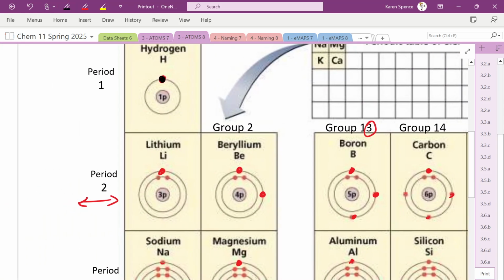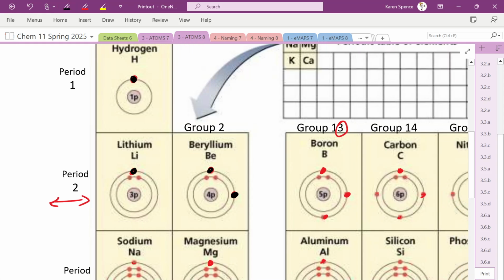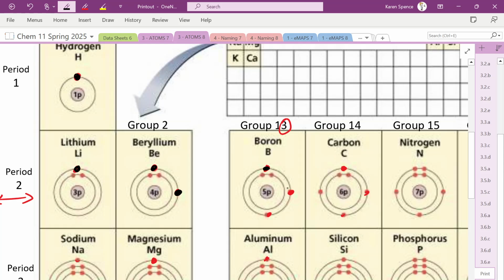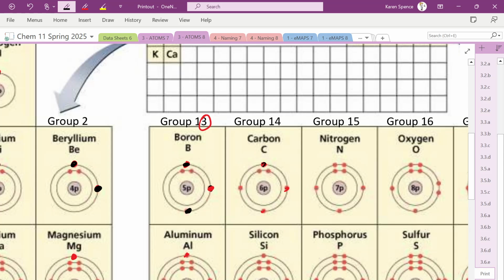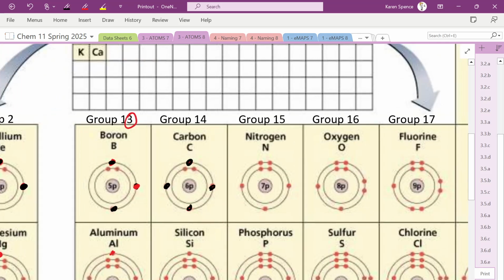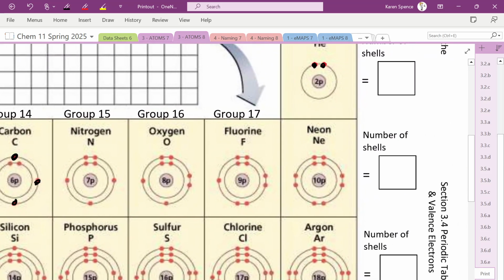So row 2, lithium has 1, beryllium has 2. We start filling it up. Boron has 1, 2, 3. Carbon has 1, 2, 3, 4. And we go all the way across 5, 6, 7, and neon has 8 electrons in its outer shell.